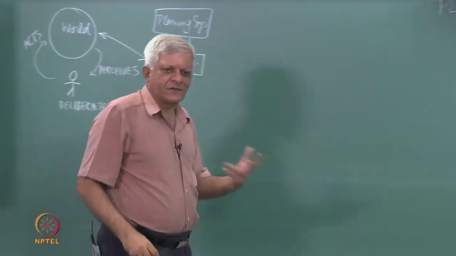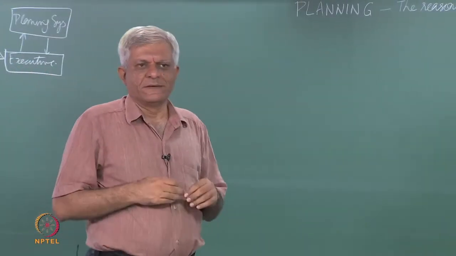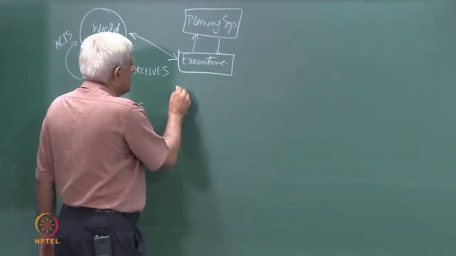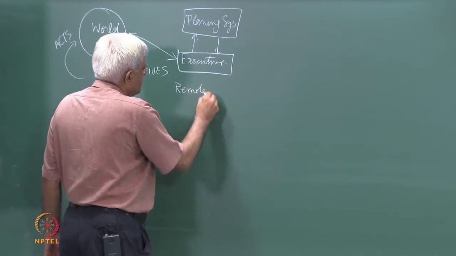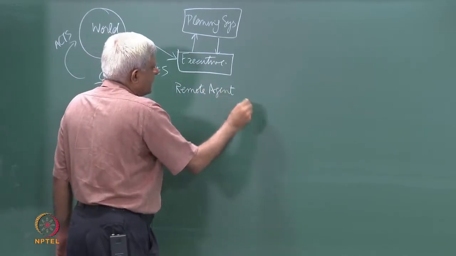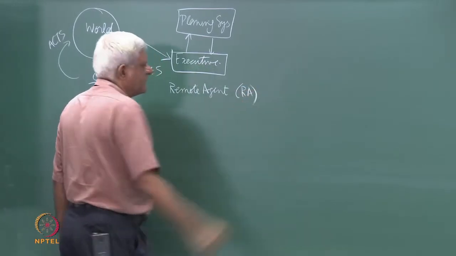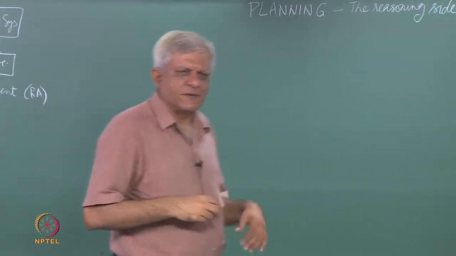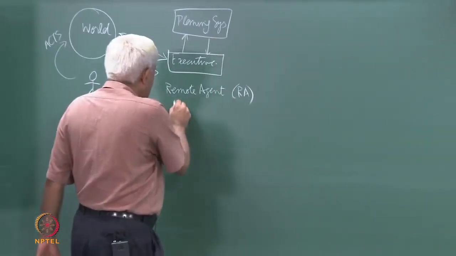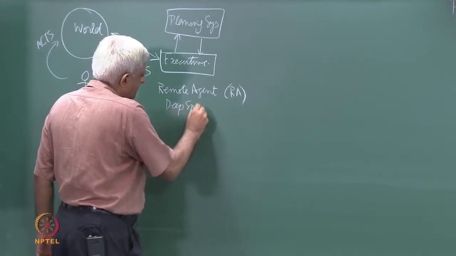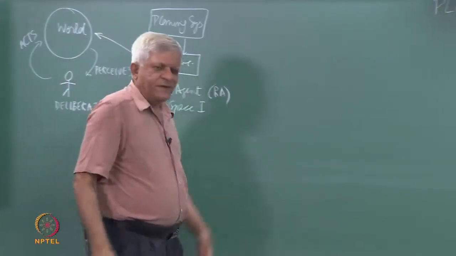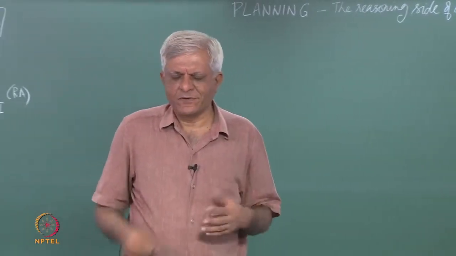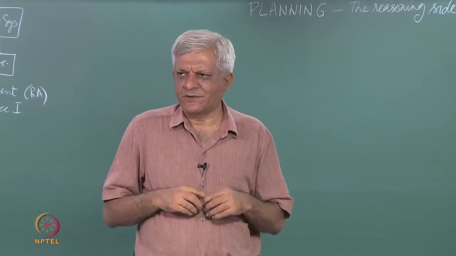I am using the term executive, which was used by NASA in one of their early systems, the remote agent architecture. You should look up on the web about this remote agent. It was an experiment done by NASA called Deep Space 1, sometime in the mid 90s. They had a spacecraft flying somewhere in space, going towards some asteroid or some planet.